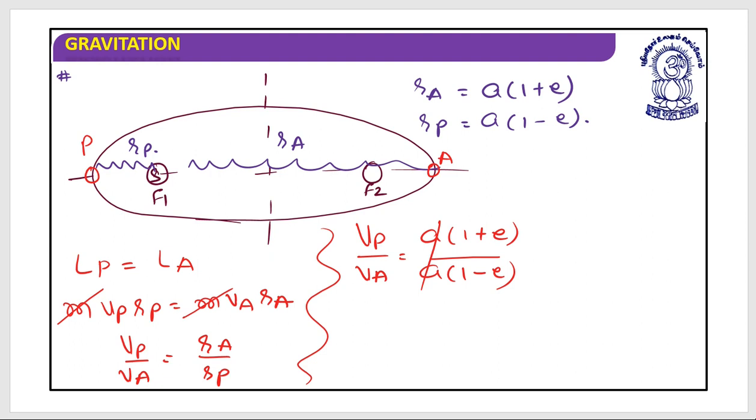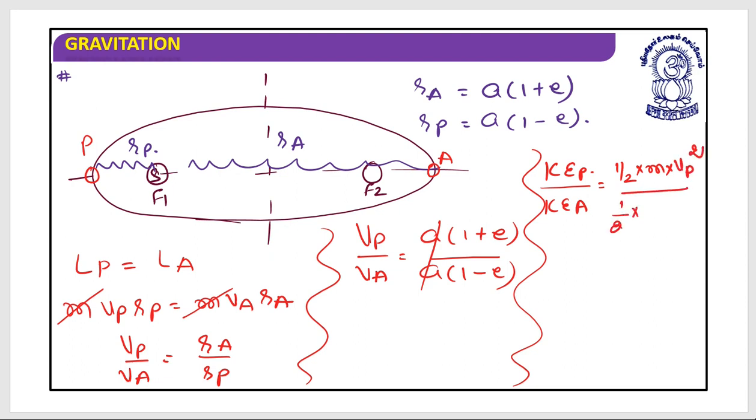What about their kinetic energies? This is just the ratio of vp to va. So the kinetic energy at perihelion to the kinetic energy at aphelion is half m vp square divided by half m va square.